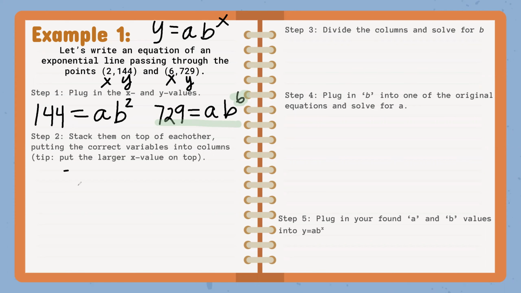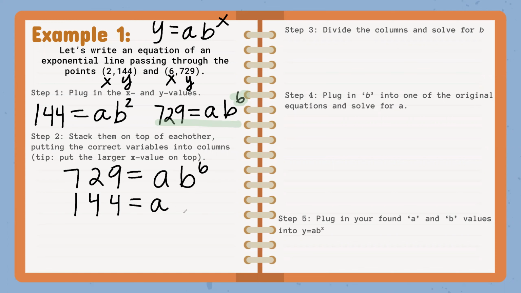So I'm going to put 729 = ab^6 on top of 144 = ab^2. Now I am going to do the next step, which is divide the columns. You can see this as a system of equations, except I'm going to divide out the columns.